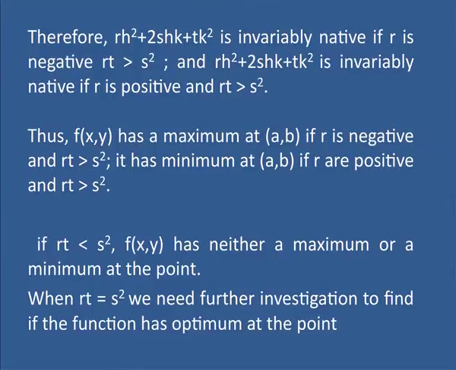Thus, f x y has a maximum at AB if r is negative and r t is greater than s square. It has minimum at AB if r is positive and r t is greater than s square. But if r t is less than s square, f x y has neither a maxima nor a minima.